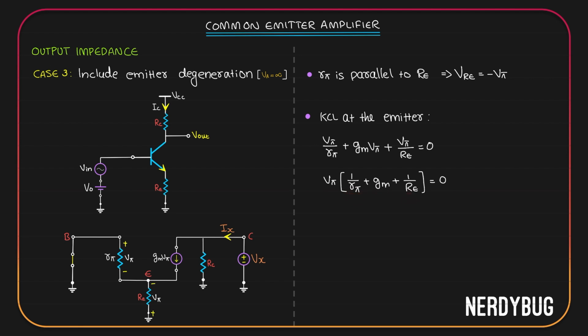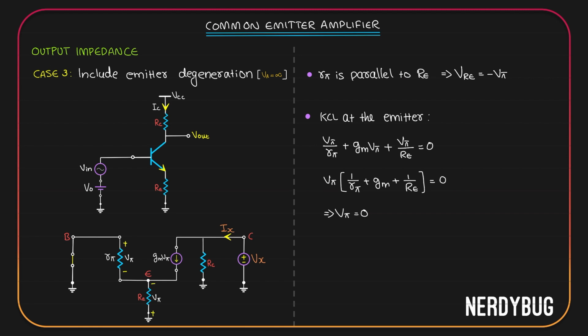Do you think there is any way this sum will become equal to 0? No, right? 1 by R pi is a positive value. GM is positive, 1 by Re is positive. There is no way this is 0. So if the product has to be 0, that means V pi has to be 0. Well, we had to do some work, but finally we see that V pi is still 0.